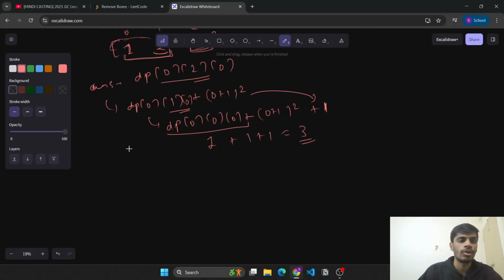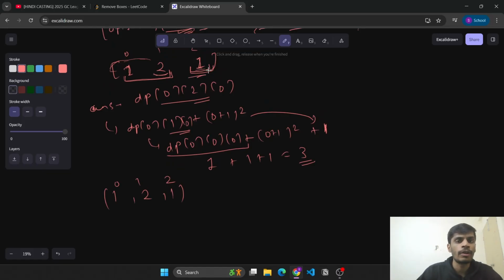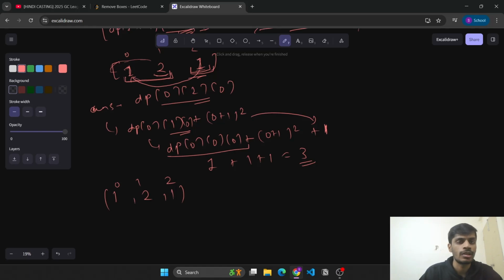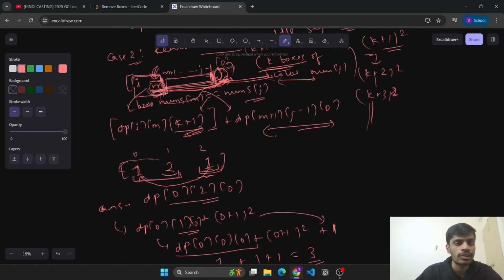And another way we could solve is, instead of removing this j, we know that 1 exists on the left, so we can find this m index. So what if we find this index? The value will be dp of i to m, so i will be 0, m will also be 0, so 0 till 0, and we'll have k plus 1.